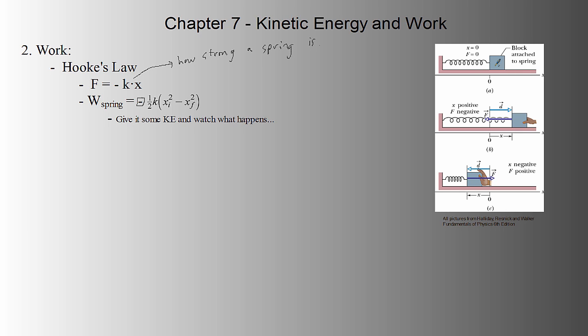You push the block, give it some kinetic energy, and then just like gravity was acting down while the apple was moving up, which was negative work, taking energy out. As this block is moving into the spring, compressing the spring, the spring is pushing back in the opposite direction, causing negative work to happen, sucking out the kinetic energy.